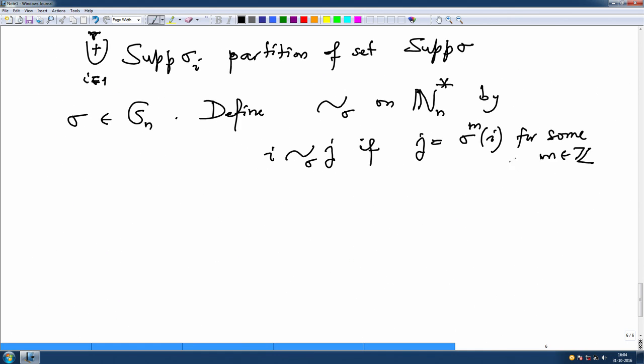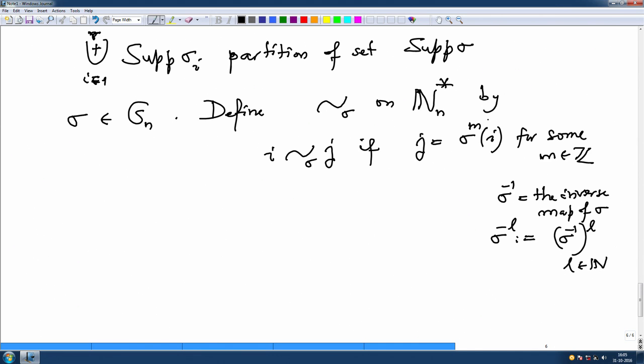Remember, when I write a negative integer, sigma to the minus 1 is the inverse map of sigma. Sigma is a bijective map, so the inverse makes sense. Sigma to the minus L is by definition sigma inverse to the power L, where L is a natural number. So all integer powers of sigma are defined.